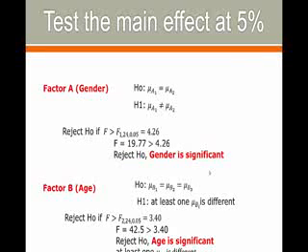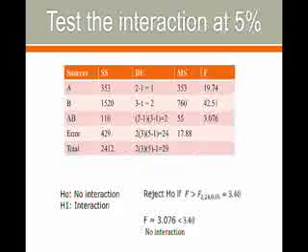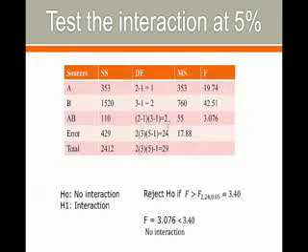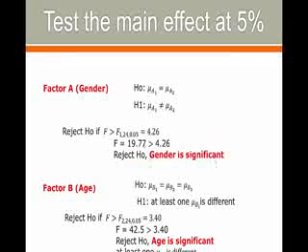And then I go and test for gender. Again, the degrees of freedom for factor A correspond to 1 and error 24. The F value is greater than the table value. Gender is significant. Age, similarly, I find the age is significant. Both factors have an influence, with different numbers of hours of TV.